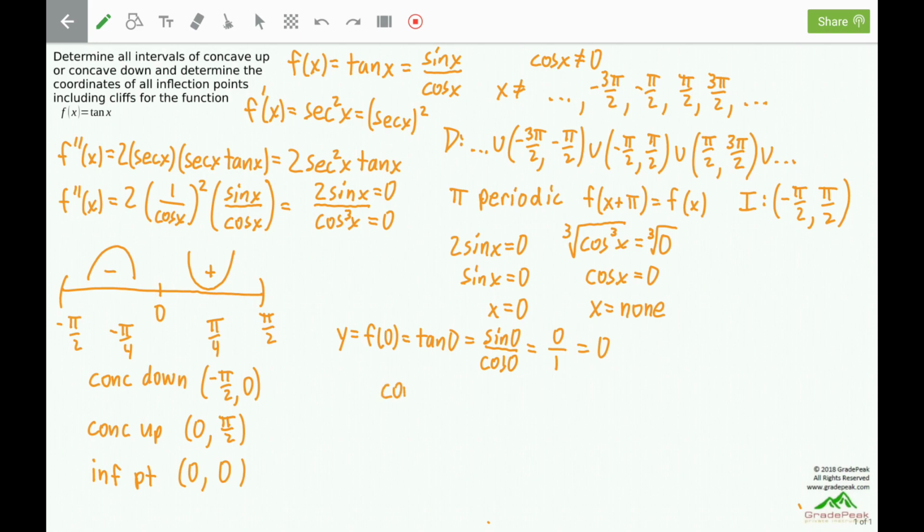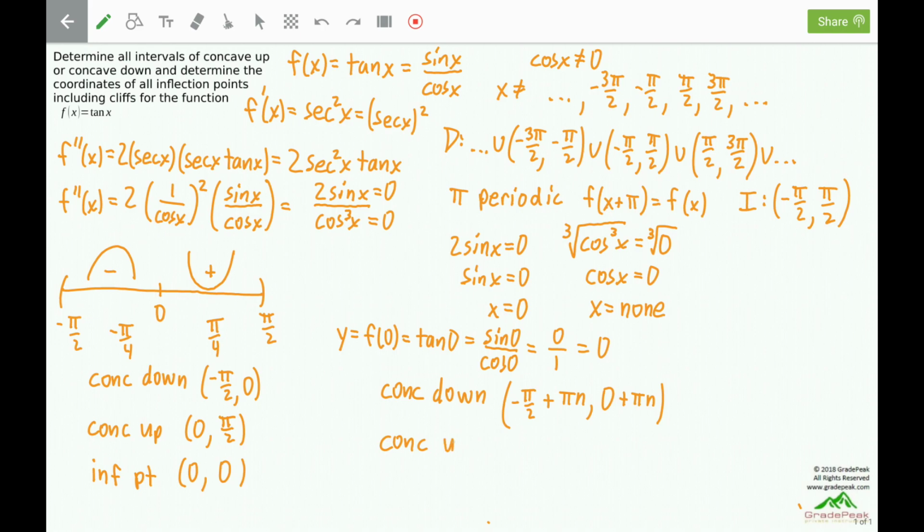So we have concave down occurring from negative pi over 2 plus pi n, comma, 0 plus pi n.